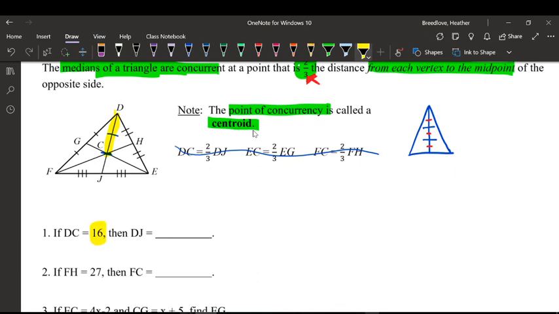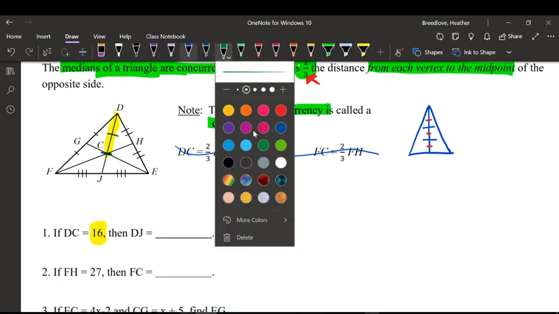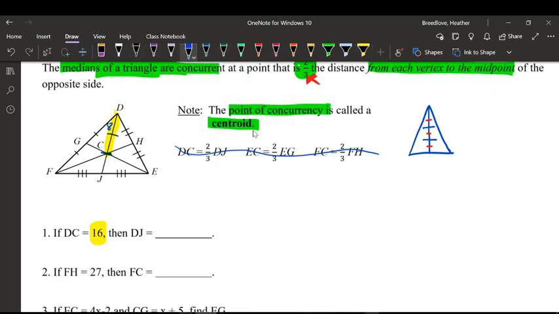So if that section is 16, what is each piece? How many pieces are in the highlighted section? 2, right? So if the total is 16, what is each piece? 8. I'm splitting it up, right? So then that means that this part is 8 and this part is 8. What is the third part?